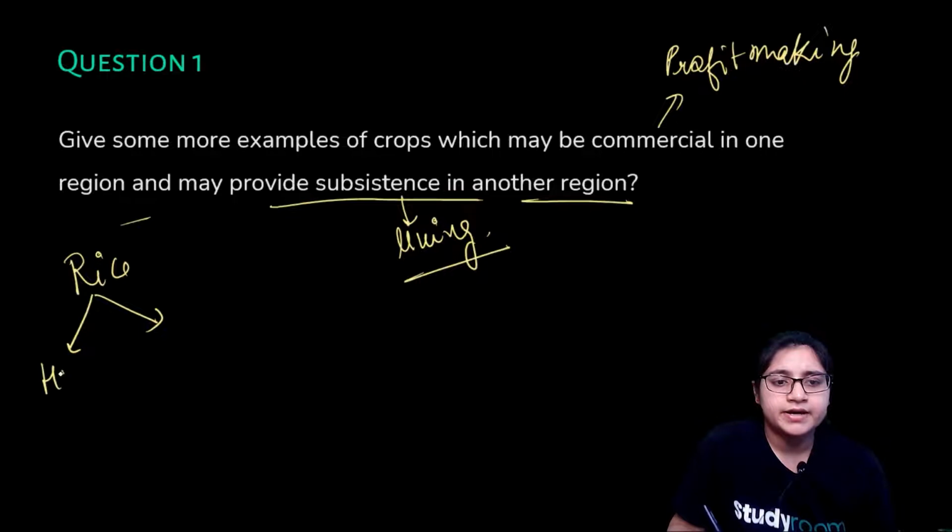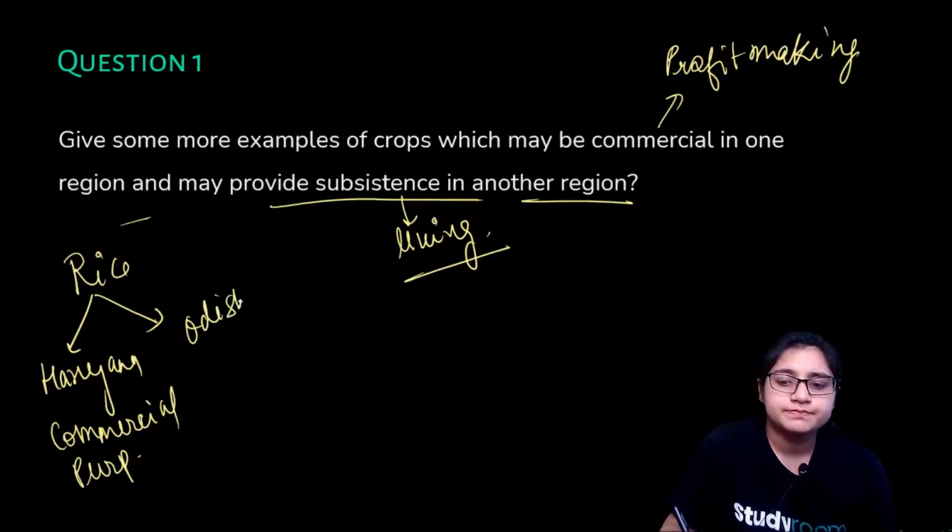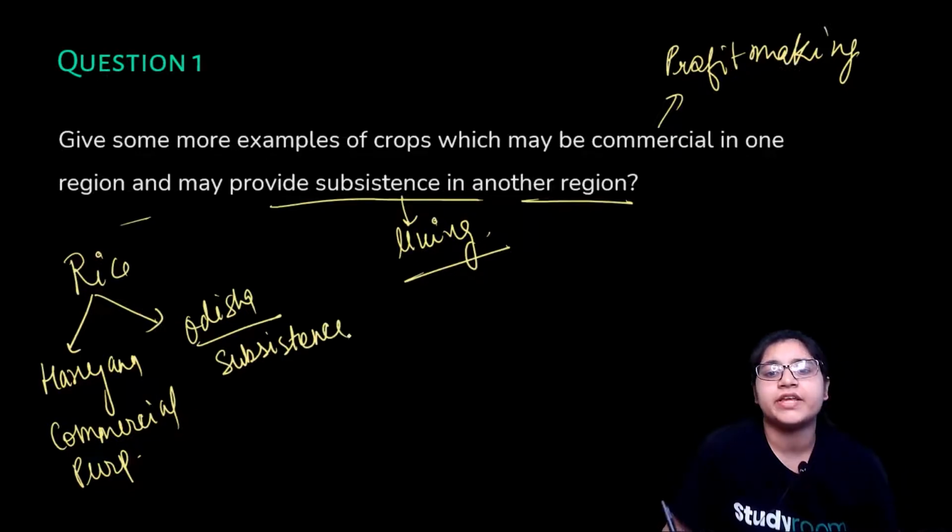In Haryana, it is for commercial purpose. But in Odisha, it is for subsistence. People grow it so that they can live, they can feed their family. See?